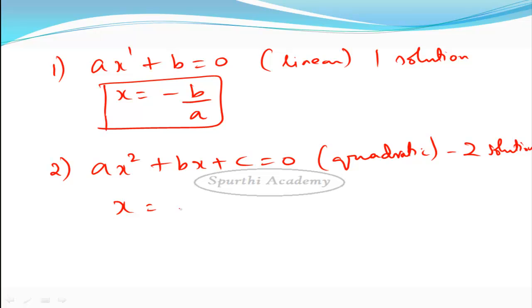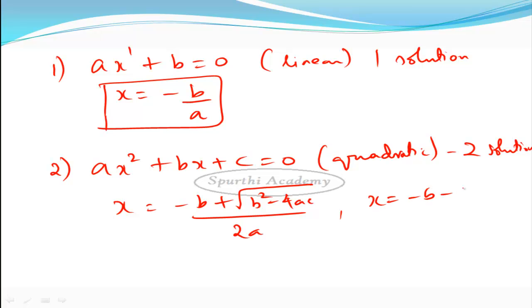So x is equal to minus b plus root of b square minus 4ac whole divided by 2a, and another one is x is equal to minus b minus root of b square minus 4ac whole divided by 2a. The line should be divided for the right side only.